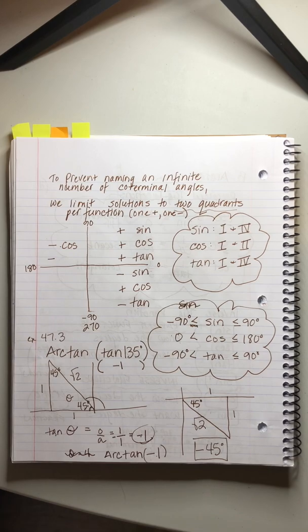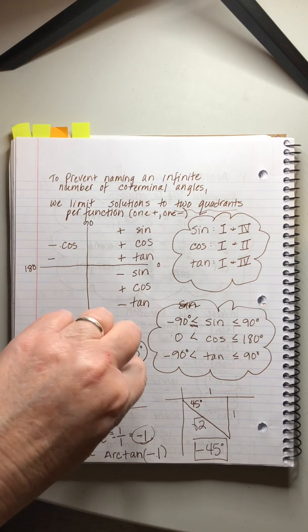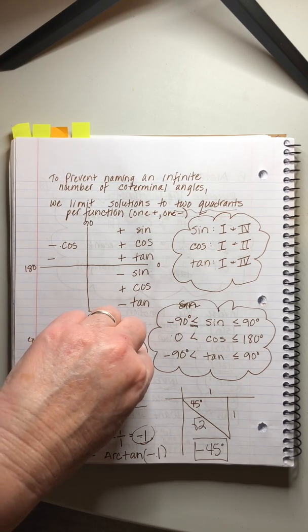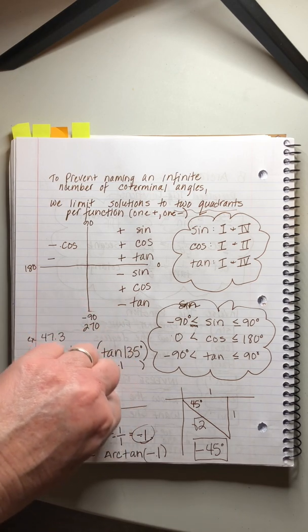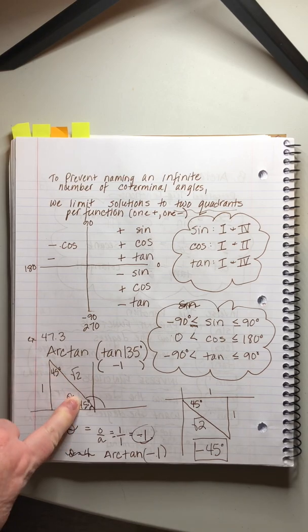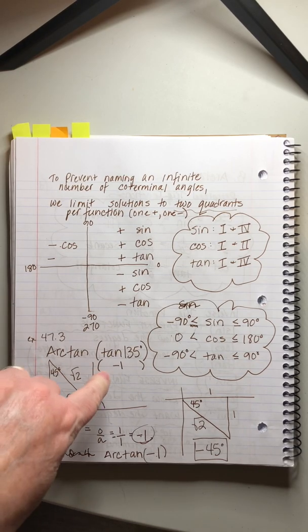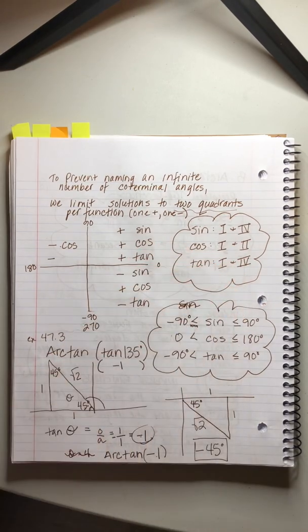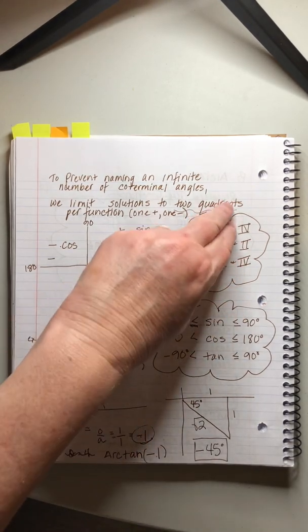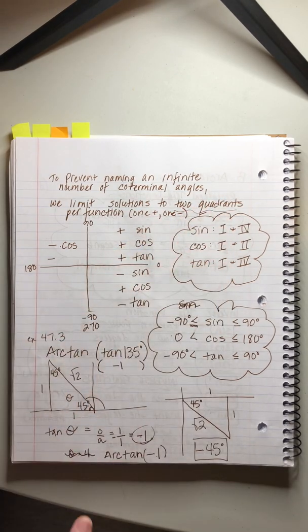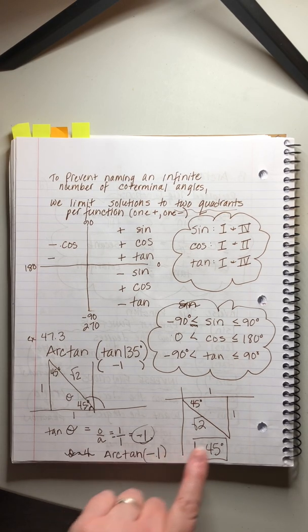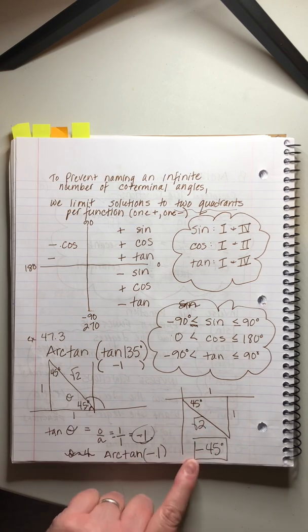So what this all boils down to, you guys, it was a kind of a confusing problem because John's trying to make the point that if you're trying to find the degree measurement of an angle, it's gotta be in those specific quadrants. And if it's in one of the quadrants that doesn't include in the solution set, then you have to flip it into either the positive or negative quadrant, depending on which one you need. We needed negative. You have to plop it into the right quadrant and reconfigure the angle.